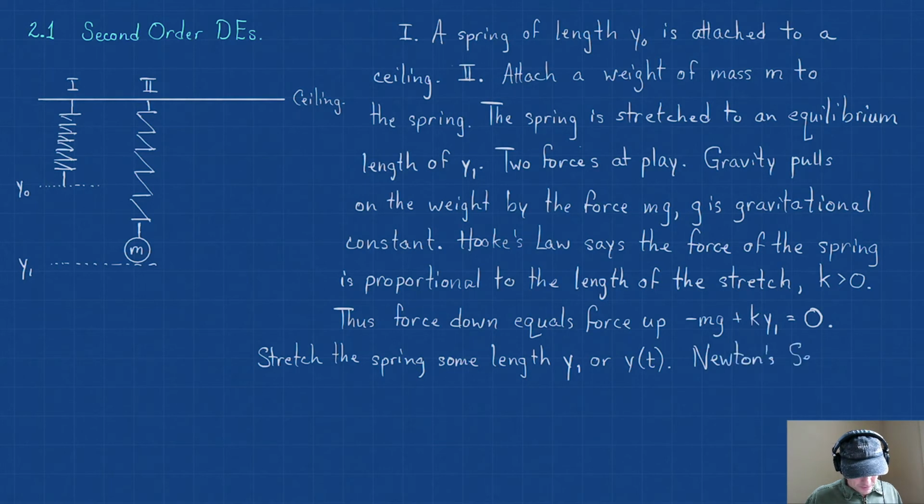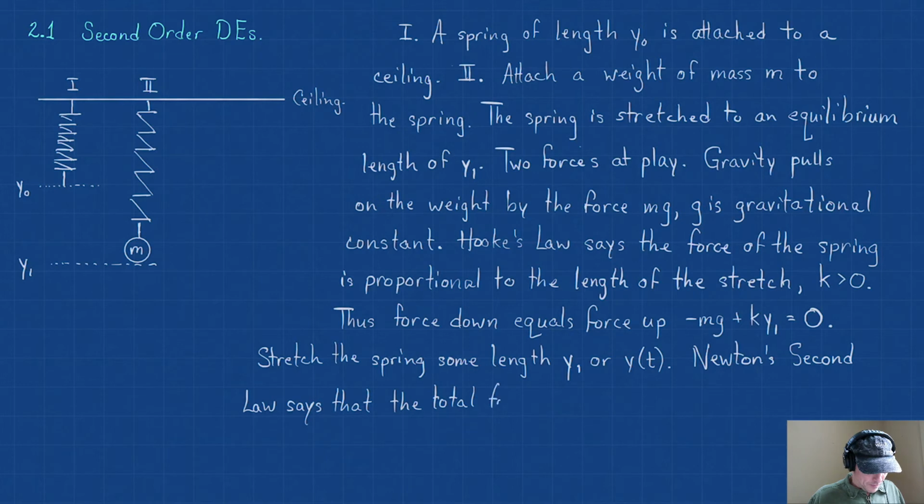Newton's second law says that the total force in the system, I'll write it this way, total force of the system, F total, is equal to the mass times acceleration.